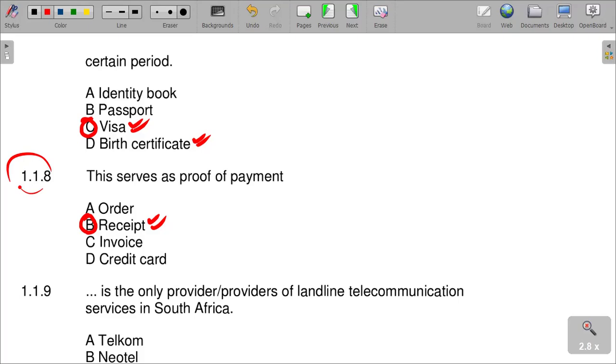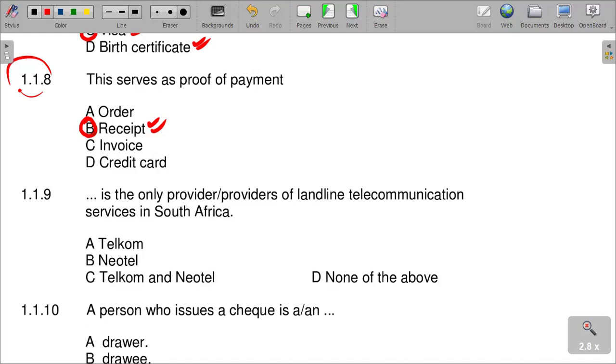An invoice is given when you are inquiring and ordering goods or paying for certain services. You are given a breakdown of the amount of money that must be paid, and it also specifies the period of time you have to pay and to order those goods. So what we are saying is a receipt is the one which is given as a proof of payment.